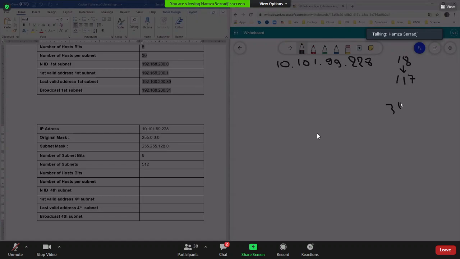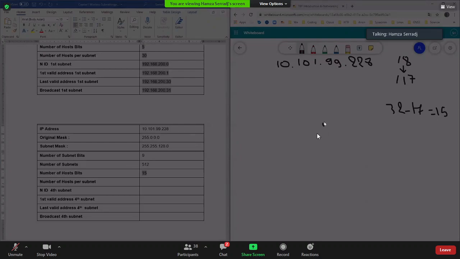So we have 32 minus 17, all the network bits here, and that's gonna give me 15. So the remaining bits, the bits that remain after the subnet mask is applied to our network, 32 minus the whole network bits are gonna give me 15.